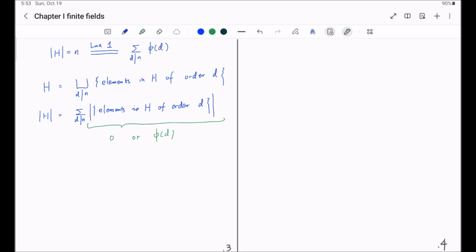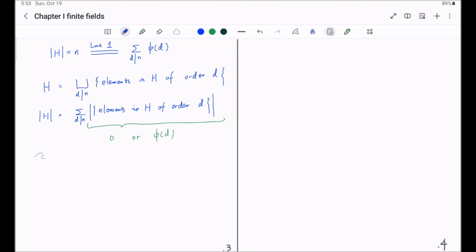This means each summand here must be equal to each summand here, which means for each summand here, it is impossible that the cardinality is 0. This is the only case. So let's summarize.